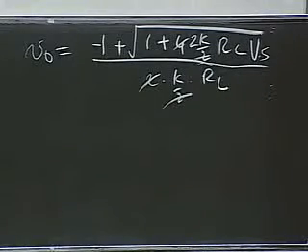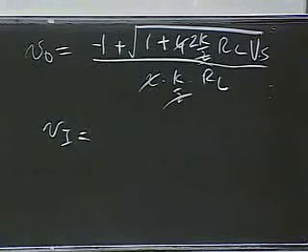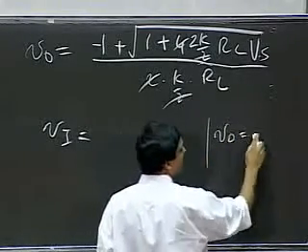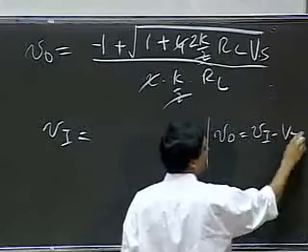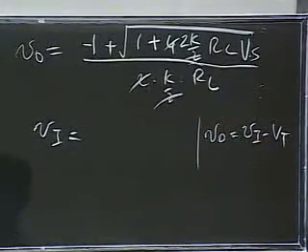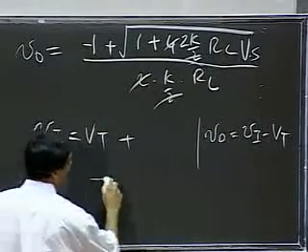Okay, so that's my V naught. So what's Vi equal to? Remember that at this point, V naught equals Vi minus Vt. So Vi is simply Vt plus V naught.